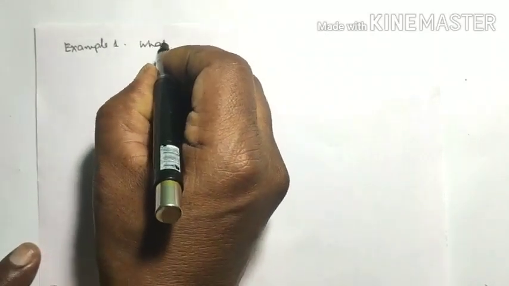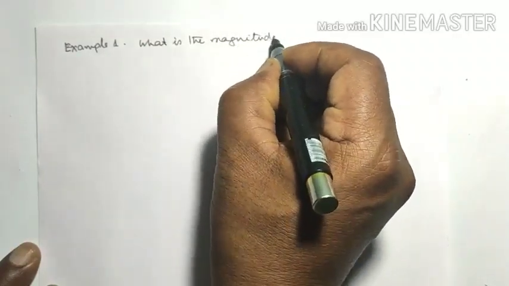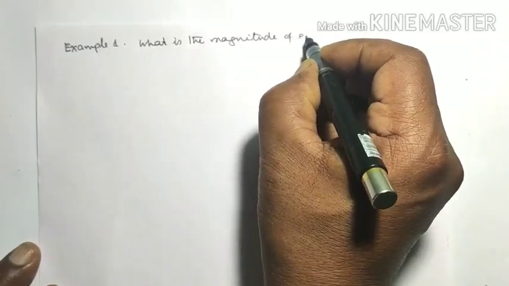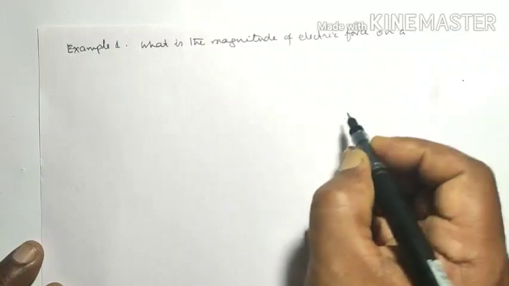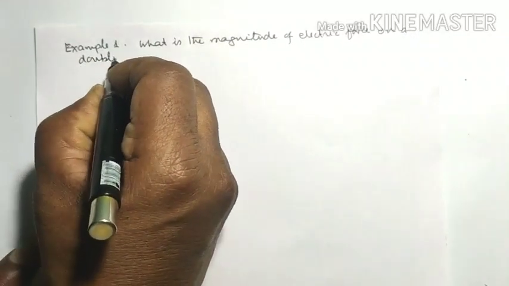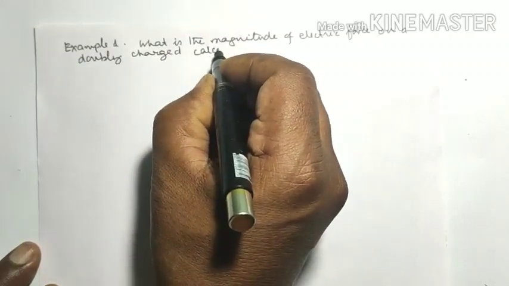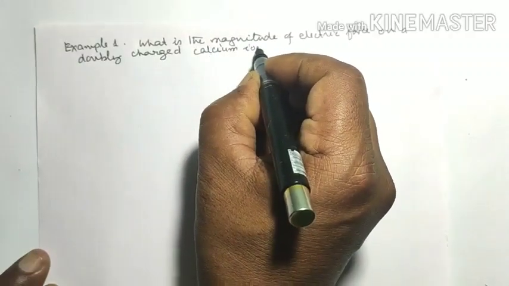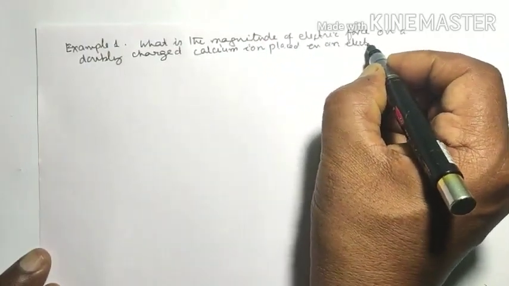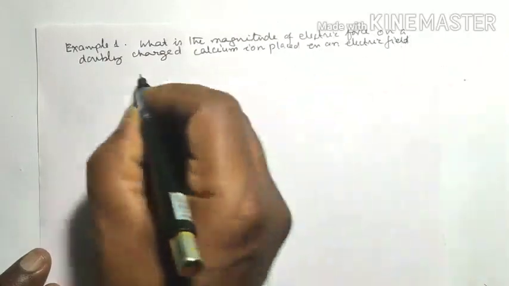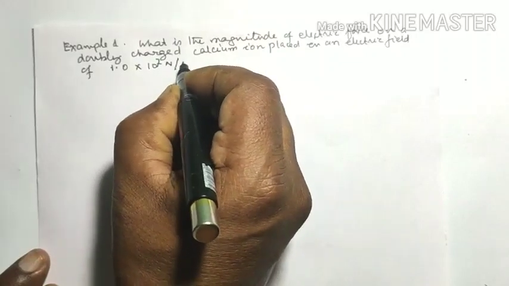What is the magnitude of electric force on a doubly charged calcium ion placed in an electric field of 10 to the power 7 Newton per Coulomb.